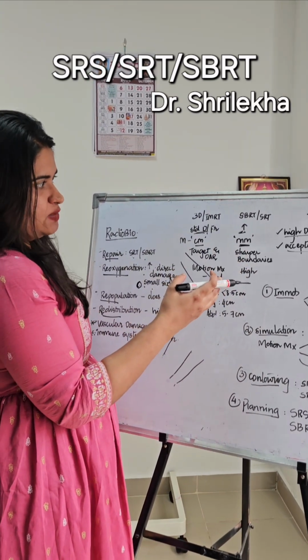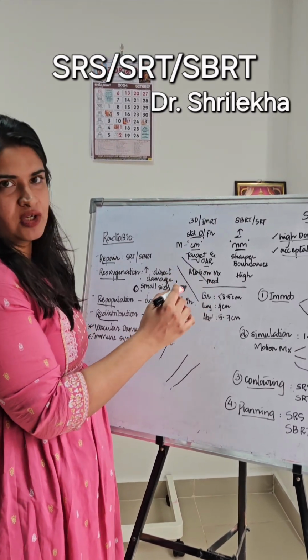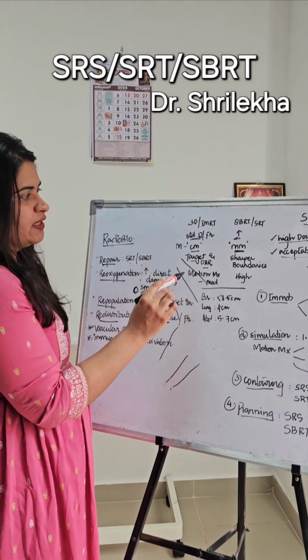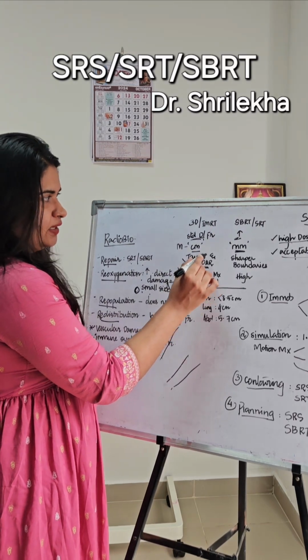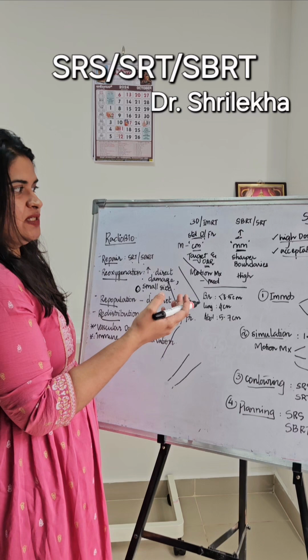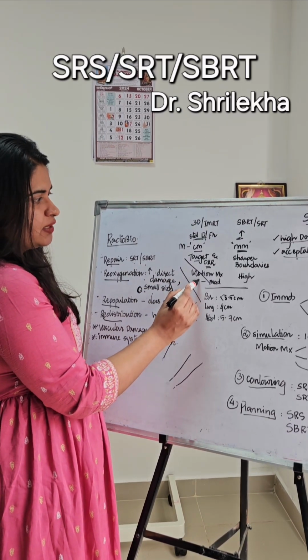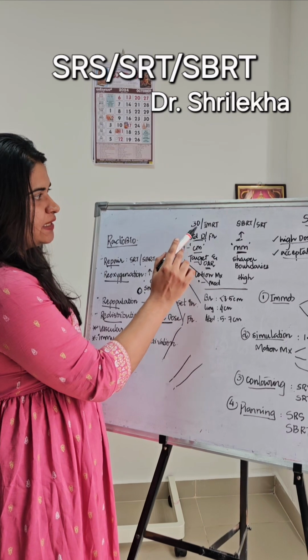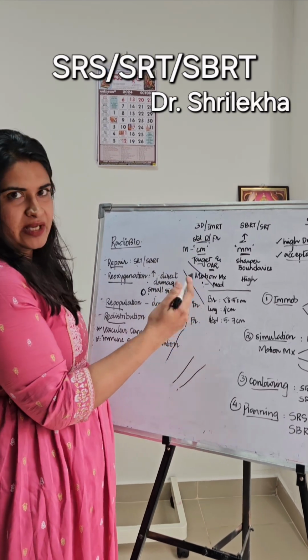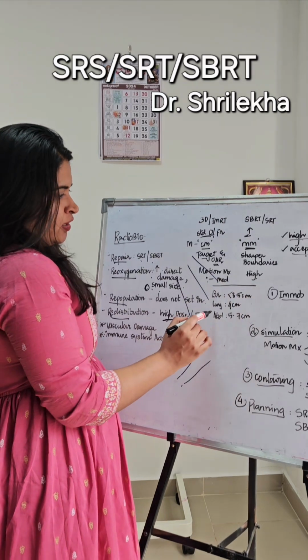So the accuracy is more, and also the target and OARs that we contour in 3D or IMRT are contoured in a general way, but here we contour with higher precision and sharper boundaries. And the requirement of motion management in 3D or IMRT is moderate, it may or may not be required, whereas in SBRT it is very high.